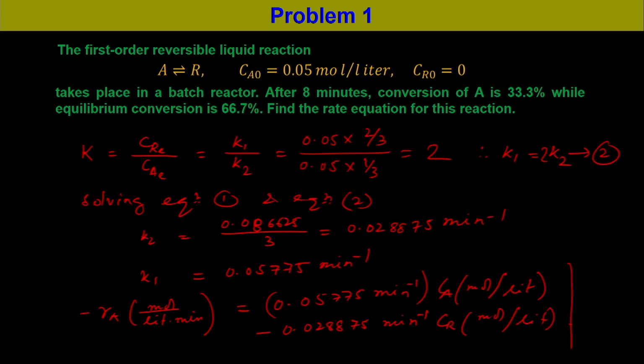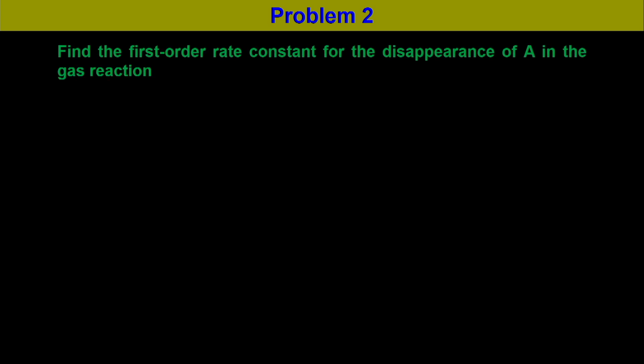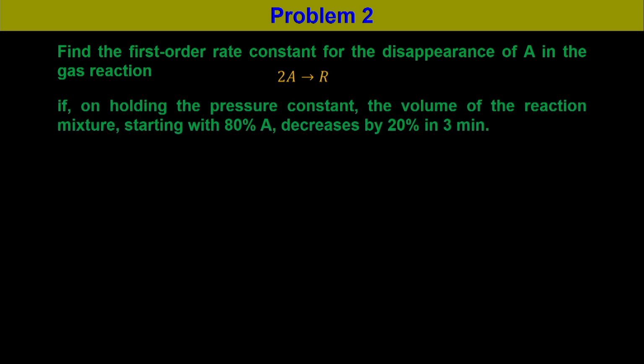Now, if we consider another example problem of a variable volume system: the first order rate constant for the disappearance of A in the gas phase reaction, say 2A to R, and if on holding the pressure constant, the volume of the reaction mixture starting with 80% A decreases by 20% in 3 minutes.